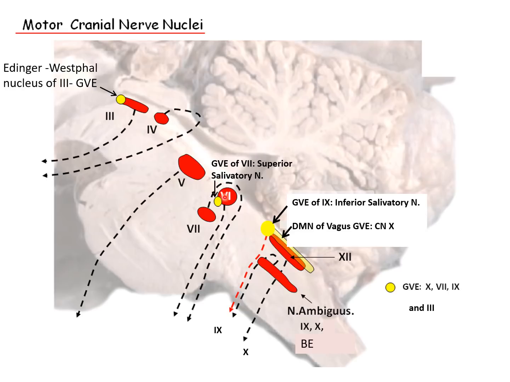And we see cranial nerve 6, cranial nerve 7 nuclei, as well as the salivatory nucleus right nearby in the pons. As we come down to the medulla, we can see the nucleus ambiguus, having fibers for cranial nerve 9. We can see the dorsal motor nucleus of 10, which has fibers coming out for cranial nerve 10. And then we can see that nucleus ambiguus has these fibers coming out for 9 and 10. And we also see cranial nerve 12 coming off right here.